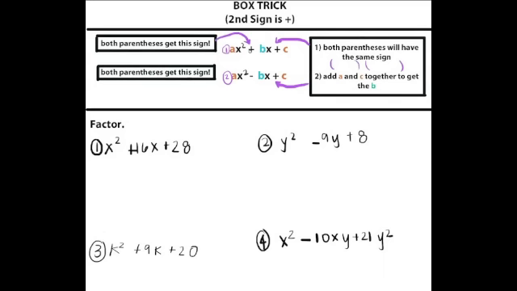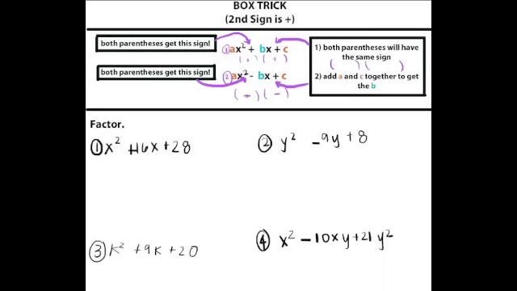And whatever the first sign is, that's the sign that's going to go in the parentheses, okay? So if we get situation number 1, we're going to end up with two parentheses that both have a plus here, okay? And if we end up in situation 2, we're going to end up with two parentheses that are both going to have minus. So when our second sign is a plus, the first property is that both parentheses will have the same sign. The way you figure out which sign is you look at what the first sign is.